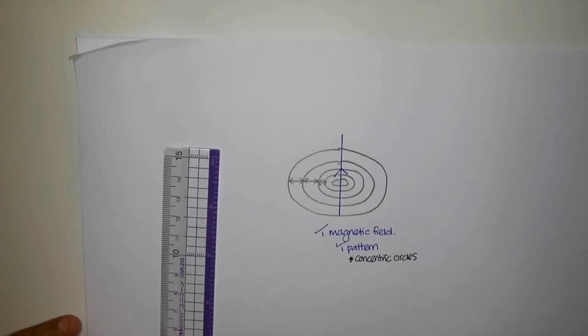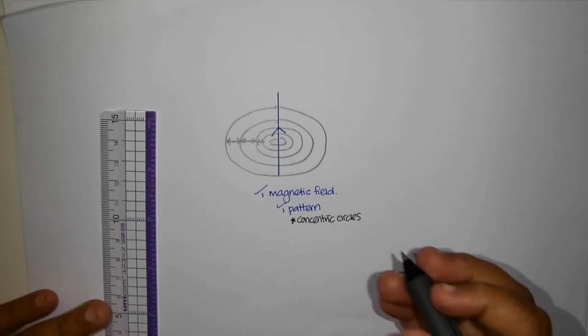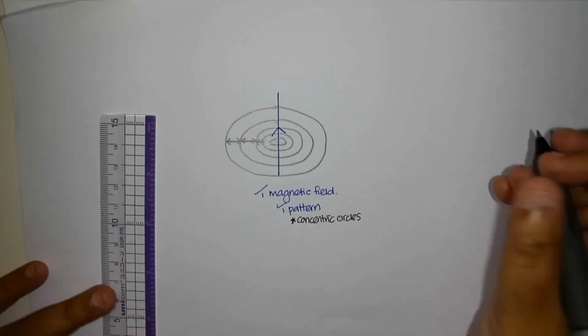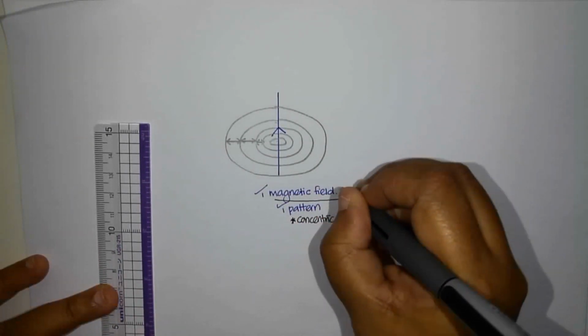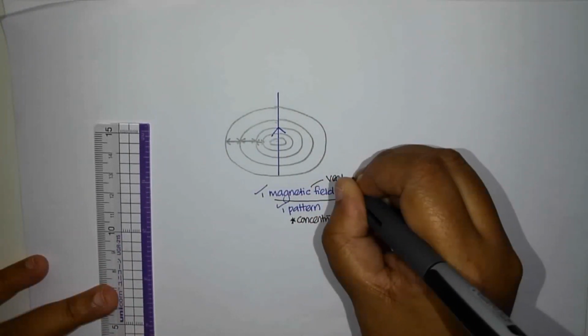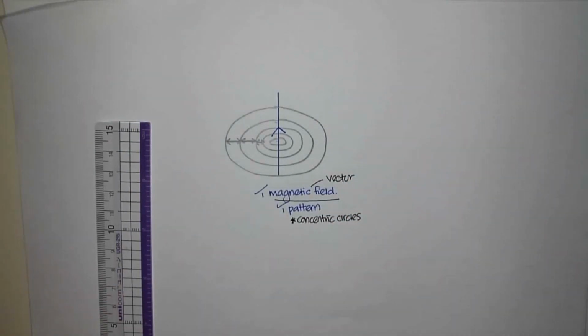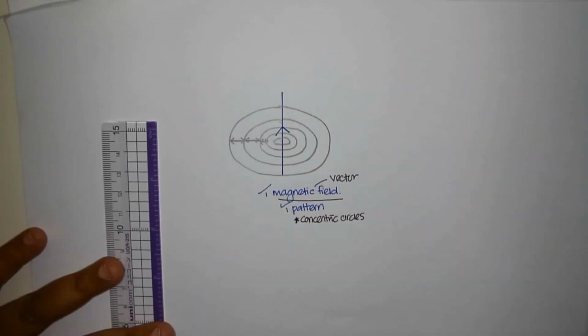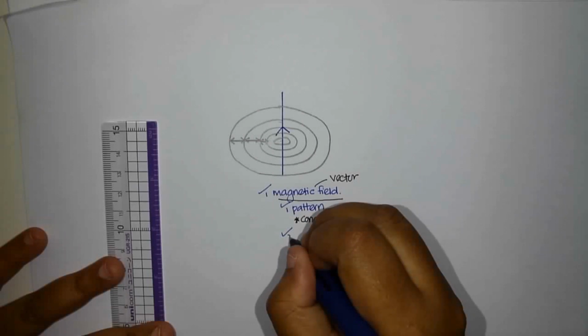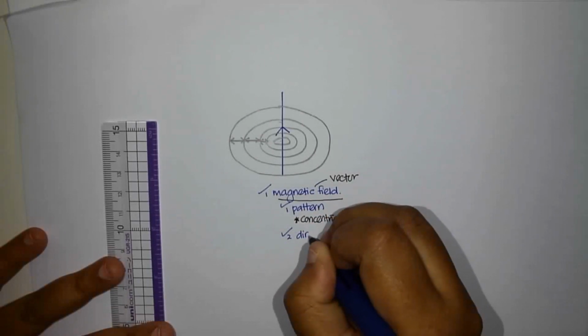A straight wire. Now let's look at number 2, the direction of the magnetic field, because we know a magnetic field is a vector. So it has a direction and it has a magnitude.